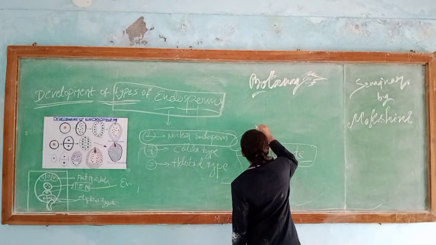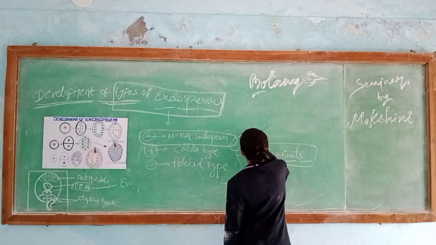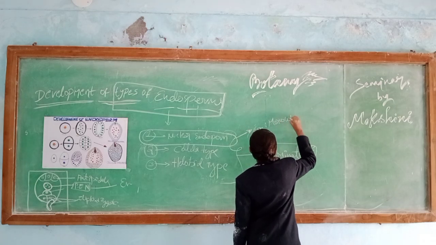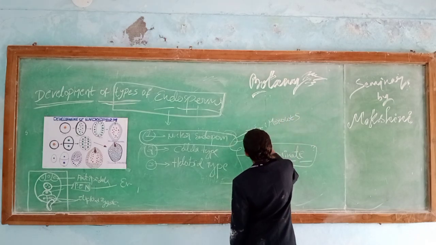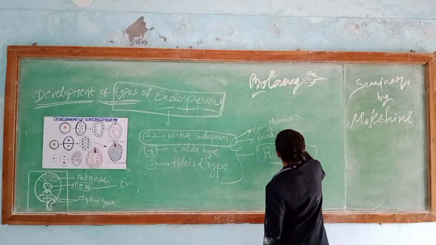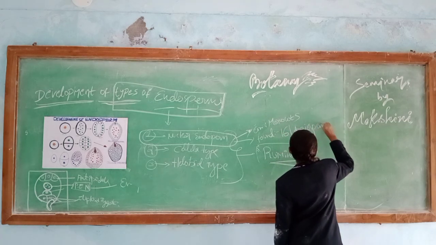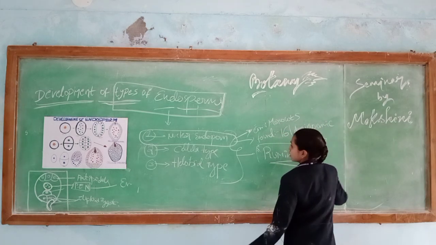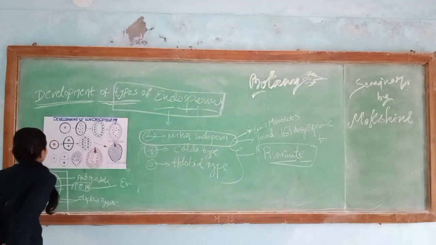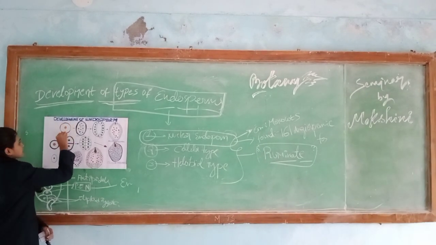This type of endosperm is common mainly in monocots. These nuclear endosperms are found in nearly 161 angiospermic families. Now what happens in this type? See, this is the endosperm nucleus, right?